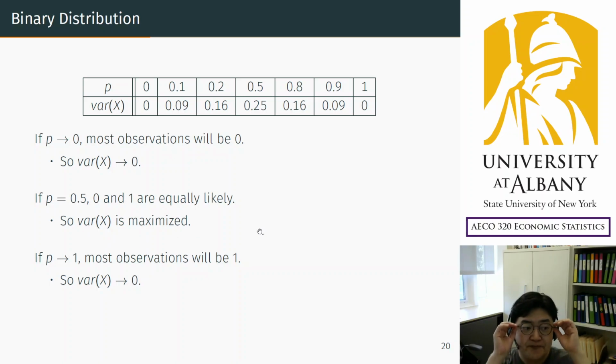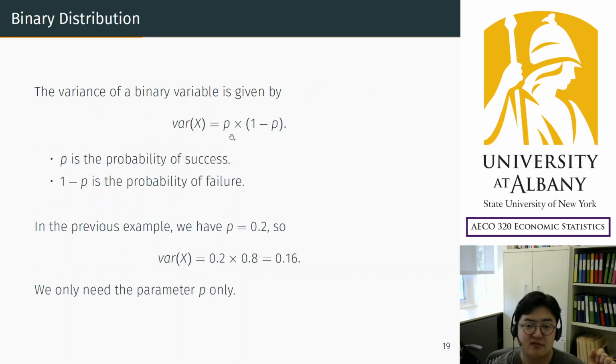So this is a basic intuition. So the probability of success and the probability of failure must be symmetric, and they are maximized when they are half and half. So simply its possible functional form is p times 1 minus p. So you may interpret this formula in that way. Okay.